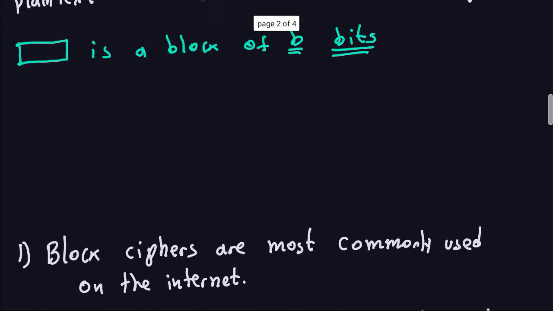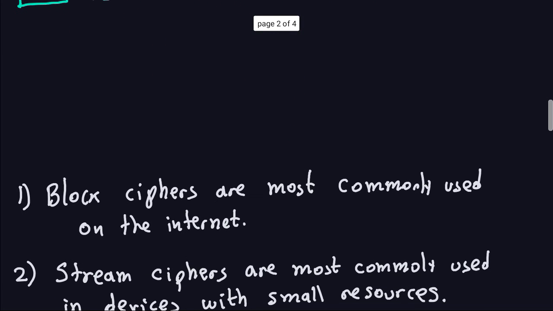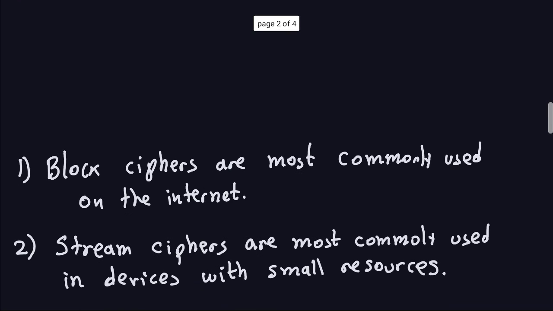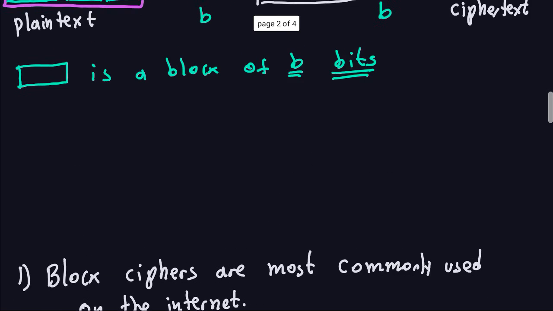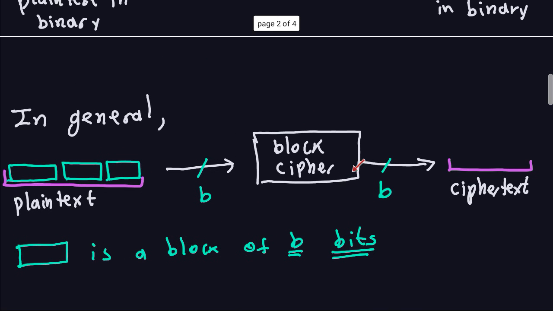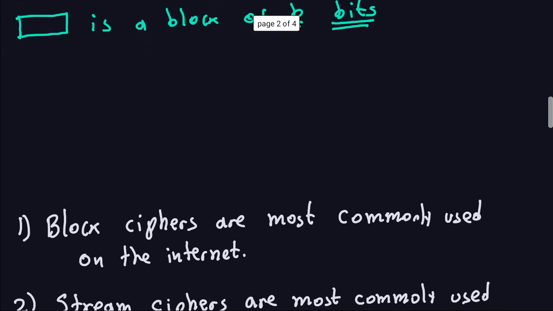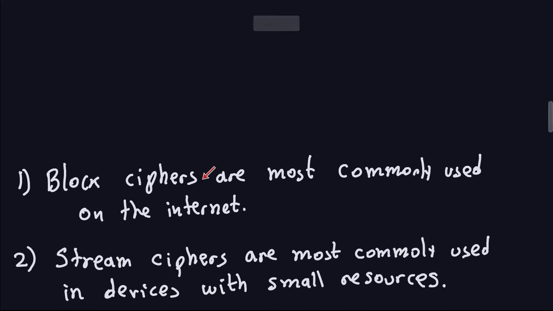Now, these are the 2 main symmetric ciphers, which means that for the block cipher and for the stream cipher, the key for encryption and decryption is going to be exactly the same. Now, the block ciphers are most commonly used on the internet.